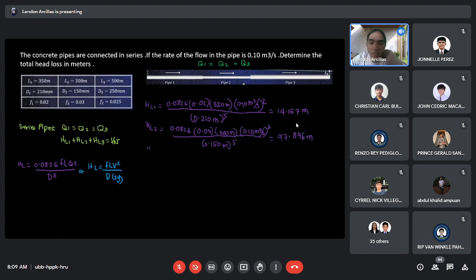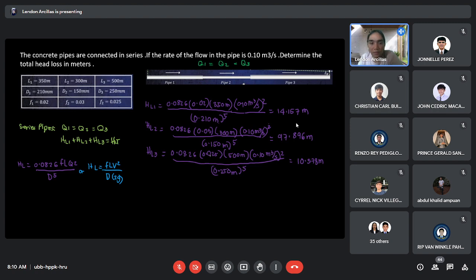So, ganun din yung HL2, 0.0826 times friction at pipe 2 times the length of pipe 2 times the discharge of pipe 2. Again, discharge from pipe 1, 2, and 3 is equal. So, this is the diameter of pipe 2 in meters. So, this is the head loss at pipe 3.